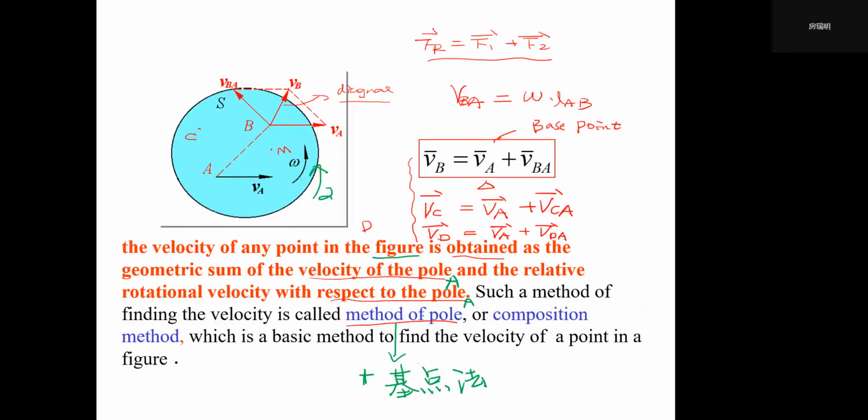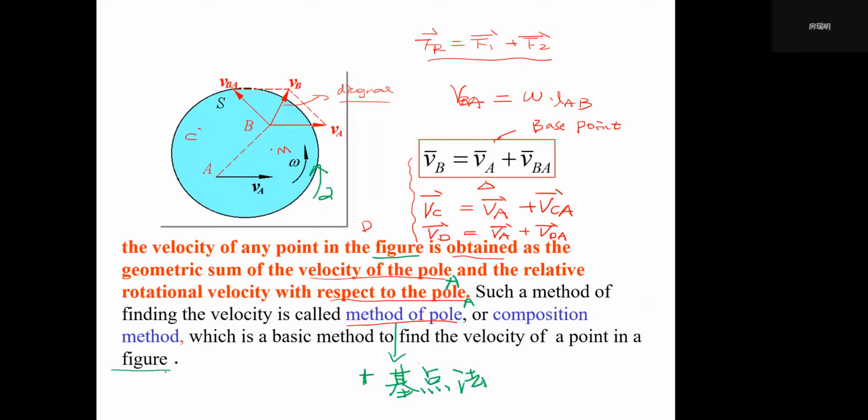That's how we use this method. We call that method of pole, 基点法, which is the basic method to find the velocity of a point in a figure.